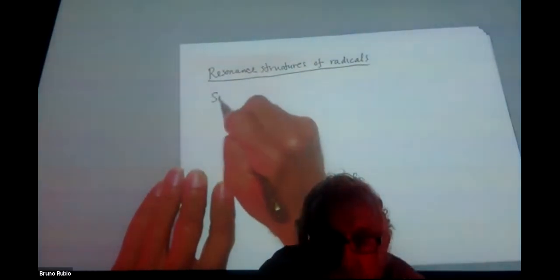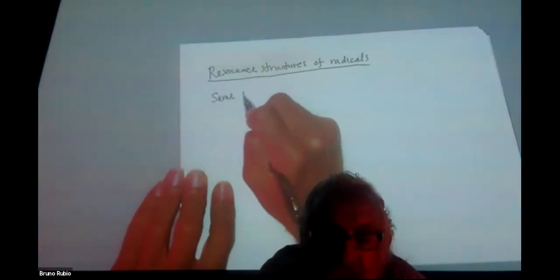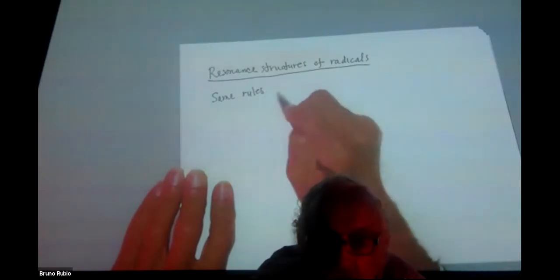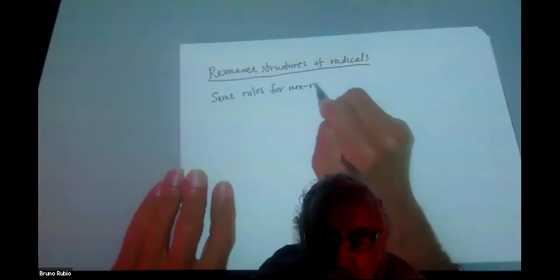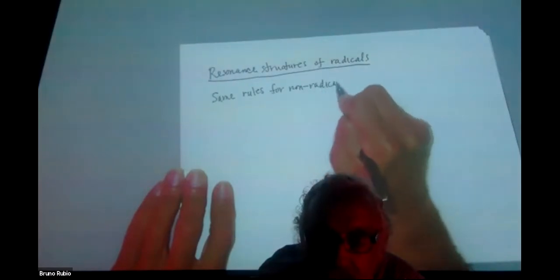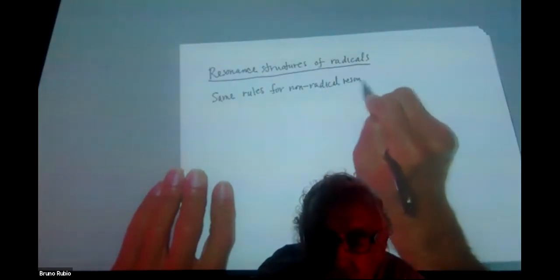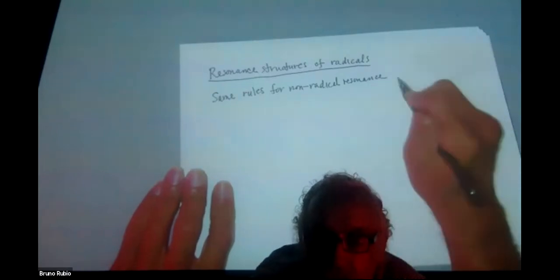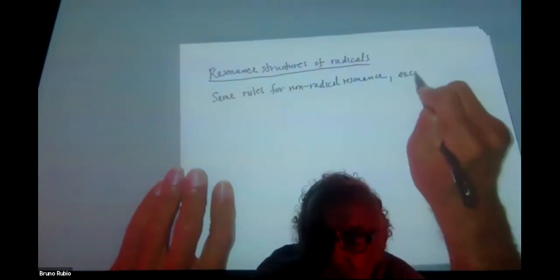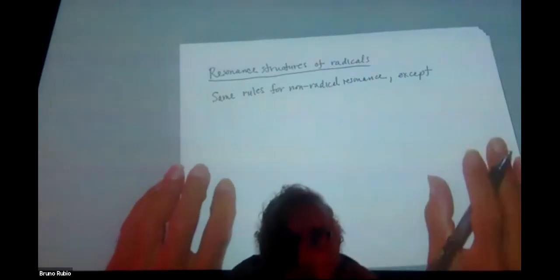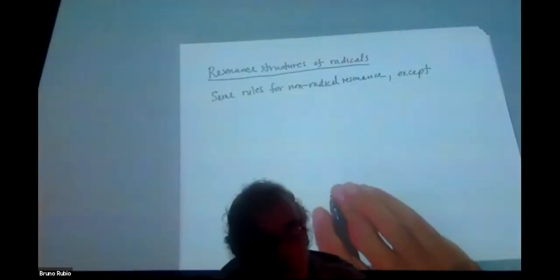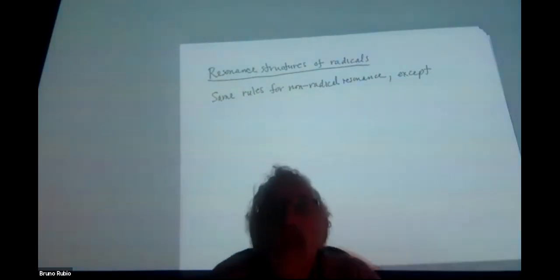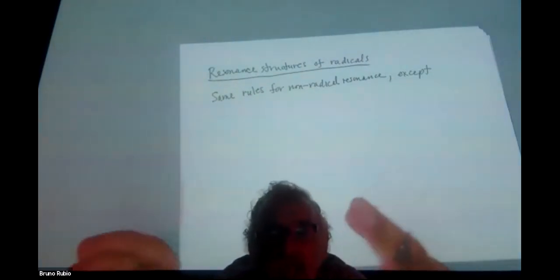Okay, so here it's all the same rules for non-radical resonance, except, okay, now some of the ways that writing resonance structures for radicals is different from writing resonance structures for stuff that isn't a radical.